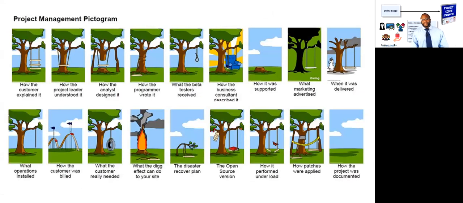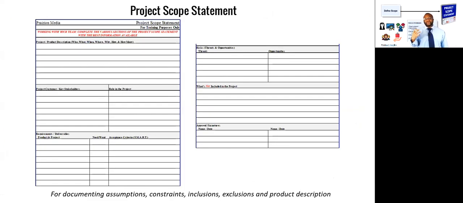You don't want to collect faulty requirements, because how the customer explained it is different from how the project leader understood it, and then things start going downhill, and then you have all this work that was unnecessary. So ultimately, we're going to create a project scope statement, similar to what you see on the screen, and this is going to help direct you as far as what needs to be done, okay?